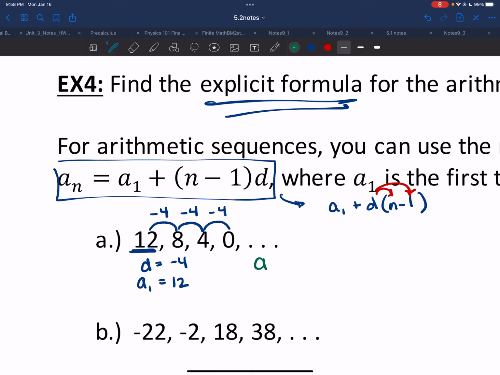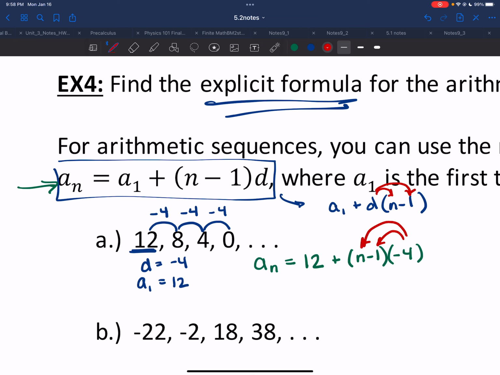So let's go ahead and get to my equation. a_n is equal to 12, which is my a_1, plus, I'm going to do it like this one, n minus 1 times negative 4. Remember I said we're going to take that 4 and distribute it across n minus 1.